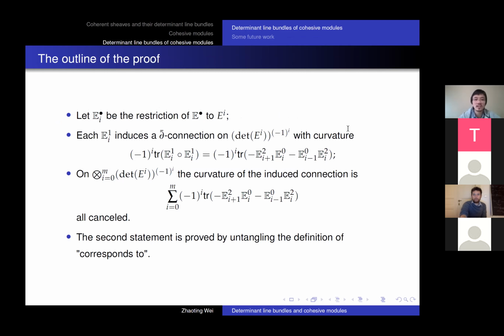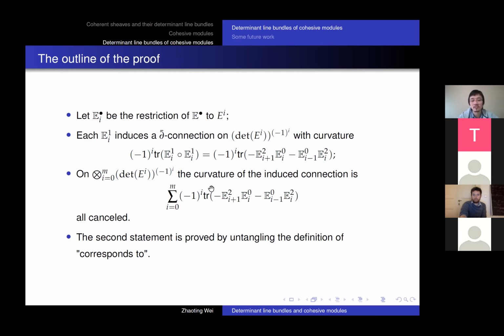Okay, so this thing is not 0, of course. Which means on each tensor component, E^1 is not a flat connection. However, after we put them all together, the curvature of the total induced connection is the sum of them.